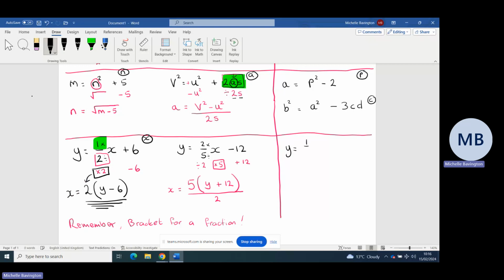Y equals 1/3 x minus 2, and make x the subject. Y equals 2/7 x plus 3. Have a go on your own and stop the video, and then I'll do the answers.